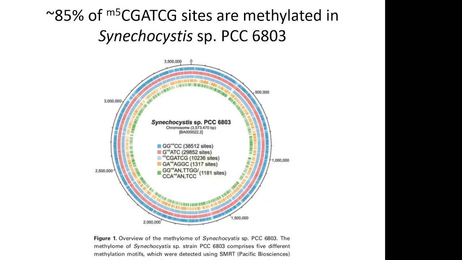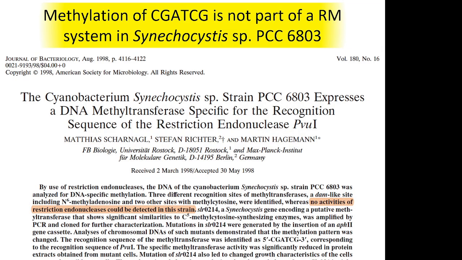For instance, in this cyanobacterium, Synechocystis 6803, which is a model cyanobacterium, 85% of all the sites are methylated. Not all the sites. And this is important because it is also known that this methylase is not part of a restriction modification system, because there are no restriction endonuclease activities coded in this cyanobacterium that target specifically this site. So it is not part of an RM system. This is important also.